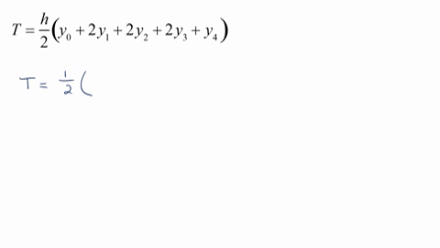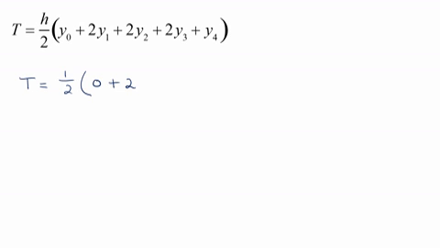y sub 0 is our a value. So we want to figure out y sub 0, or what is the square root of x evaluated at x equals 0. So the square root of 0 is 0 plus 2 times y sub 1. So we're going to start at 0 and now go in increments of 1 until we get to 4.